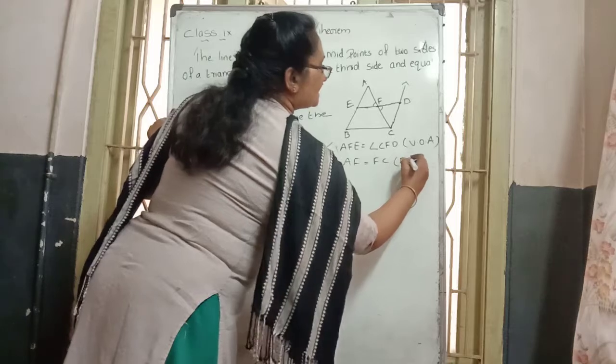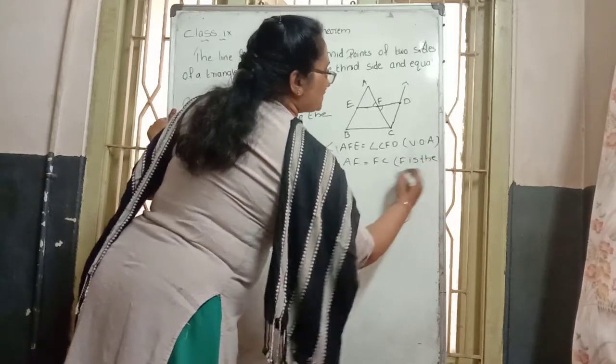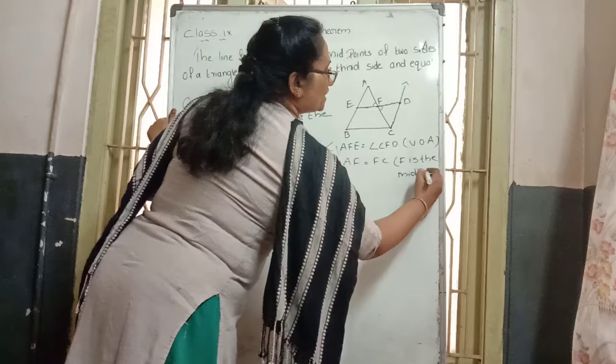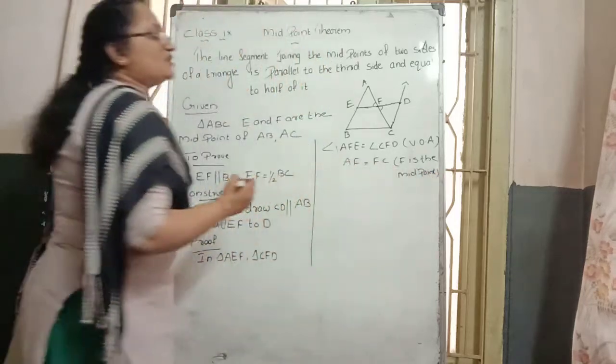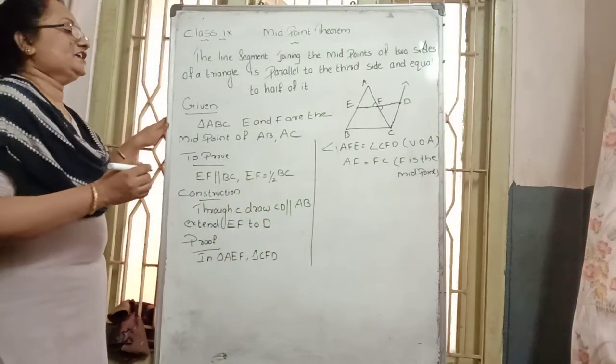What is the reason? F is the midpoint, and a midpoint divides a line into two equal parts.